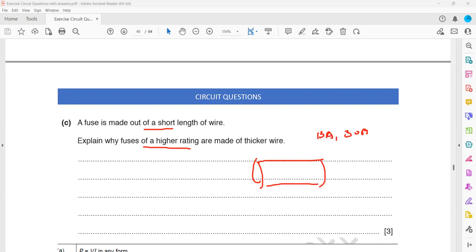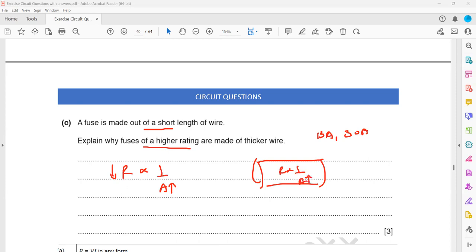So why should the wire be thick? What is the effect of the area or the thickness? Resistance and area are inversely proportional. As the area increases, the resistance will decrease. If the resistance decreases, the current in the circuit will be more. So because of the heating effect, it can allow a greater amount of current to pass before it melts.